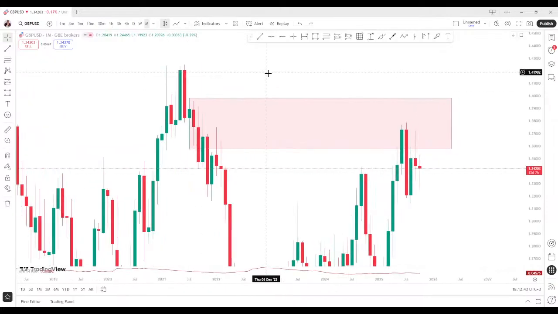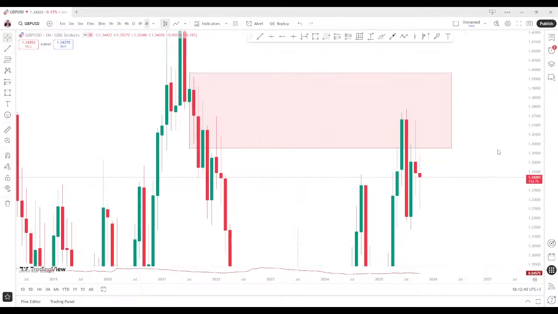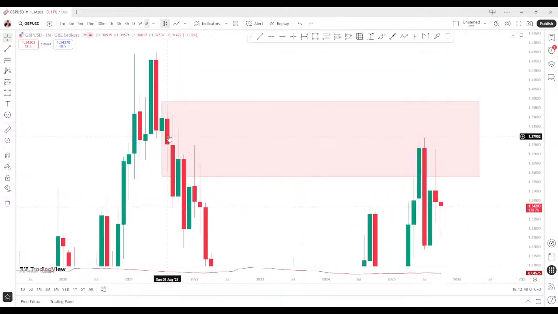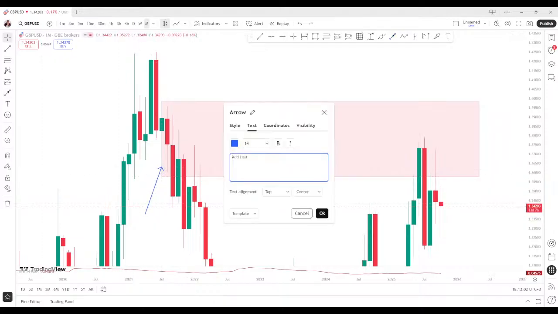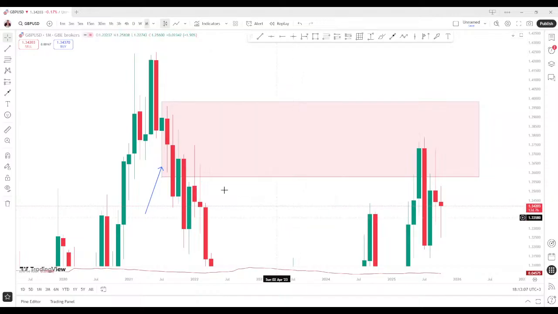Now I want you to see something. This is the order block I'm talking about. This one, you see this red candle here. Though now I'm teaching something else that I shouldn't be teaching, but it's okay.